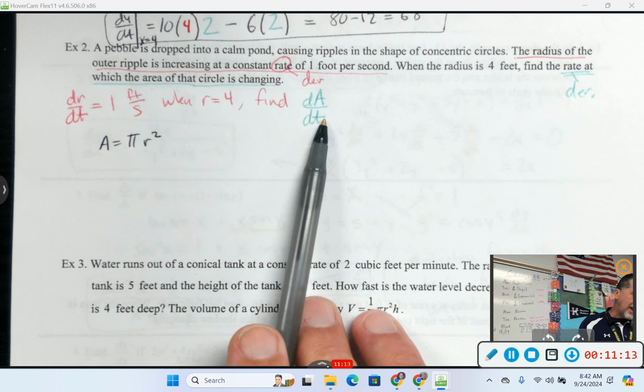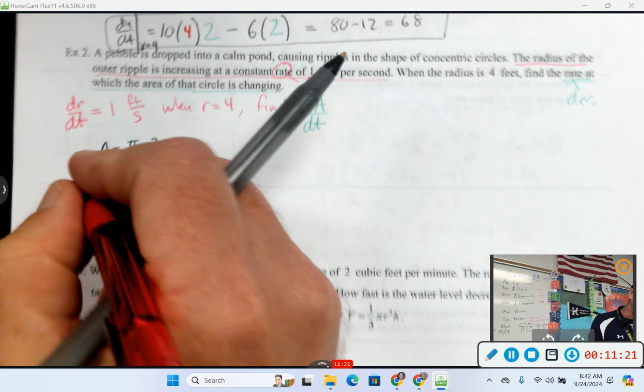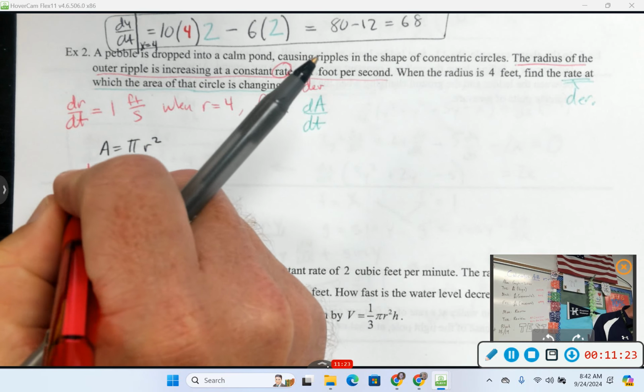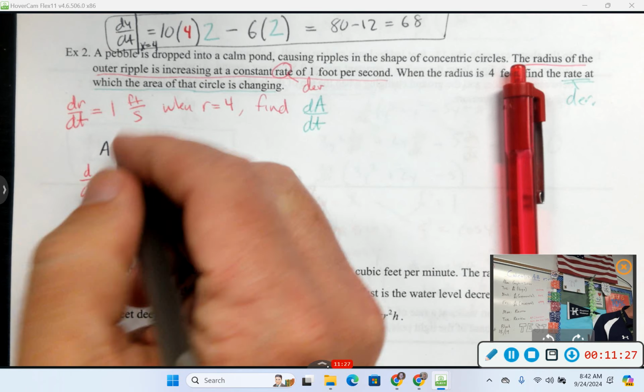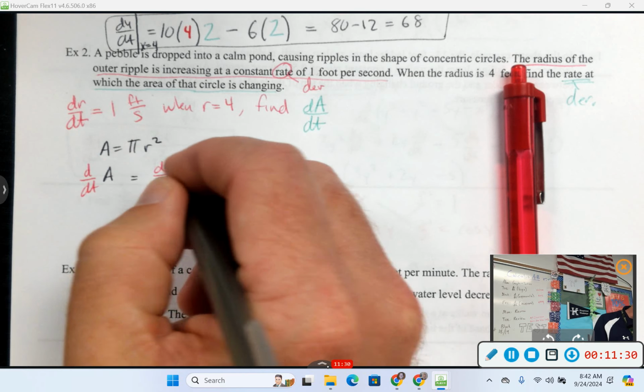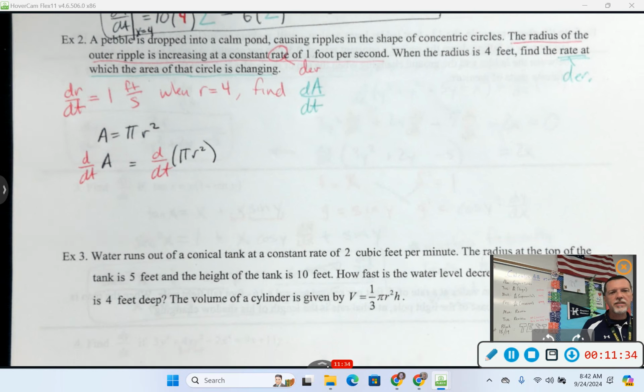Okay, I'd like dA dt to show up. So what should I do to make dA dt show up? Take the derivative. I said I wasn't going to write this step again, but I'm going to do it one more time. I'm going to take the derivative with respect to time of both sides.